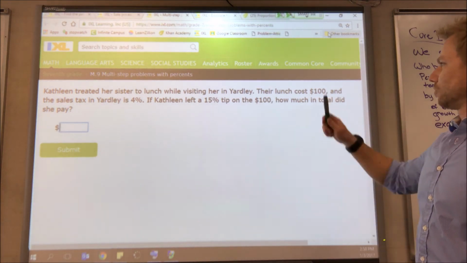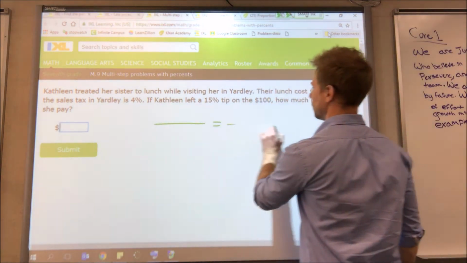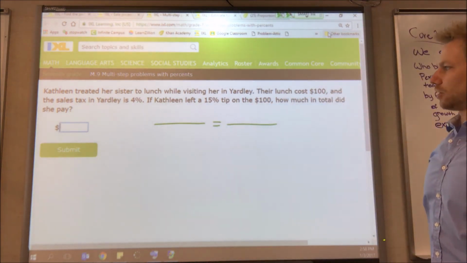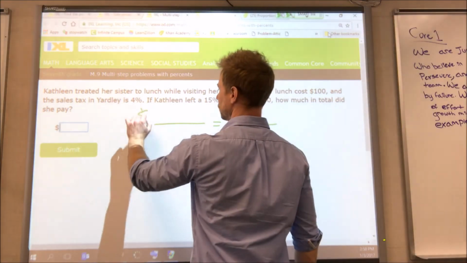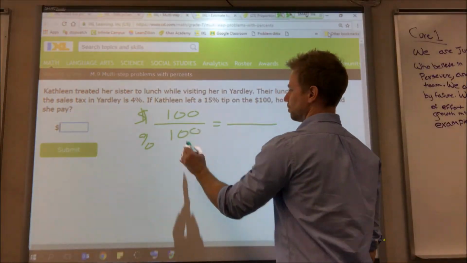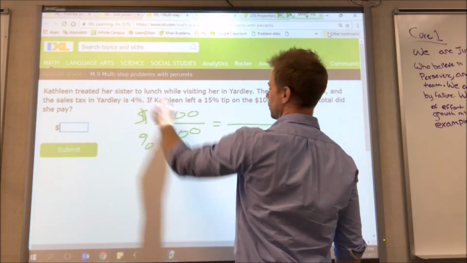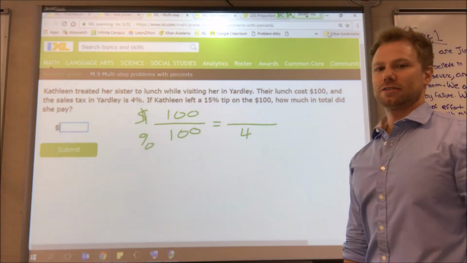Okay, so their lunch was $100. That's the original price. That's the number that we're starting with. So again, our labels are money and percent. We have $100 is 100%. Okay. If we want to figure out the sales tax, we want to know what 4% is.